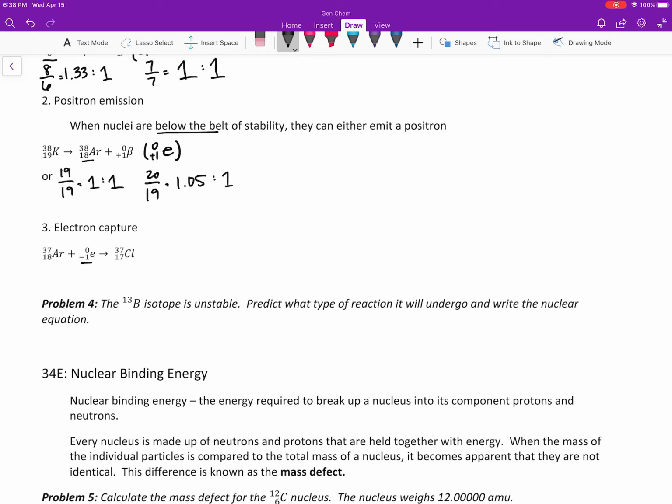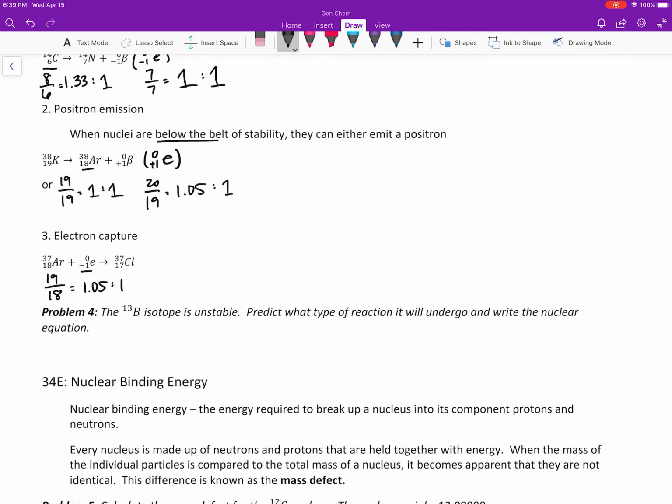So we have 18 protons, and we're going to have 19 neutrons. The ratio here is too low, which again, if we think about the position of potassium and argon, they are fairly close to each other, in the same-ish area within the belt of stability.